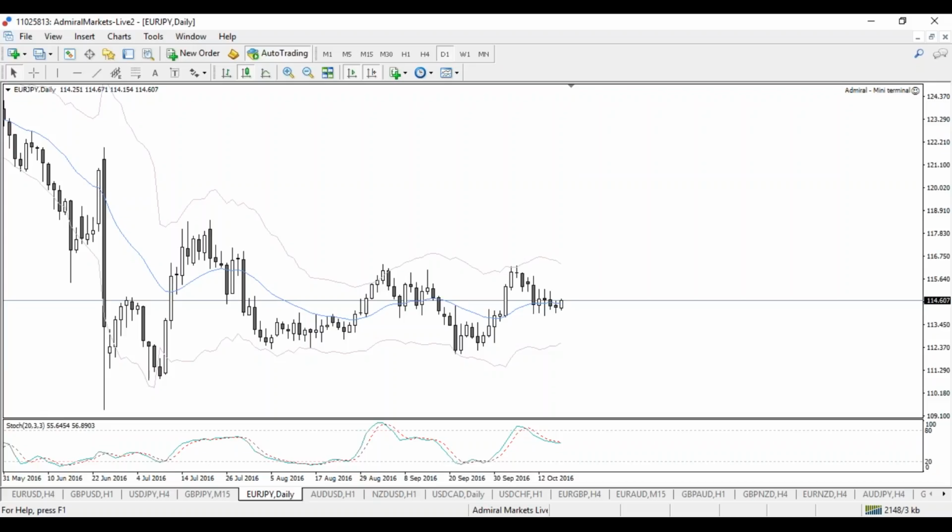Trying to calculate what the triangle, if it's a triangle perhaps here, I think it is. Let's see, this could be the C. Let me put a fib from here to here. Oh yeah, price was at the 61.8.